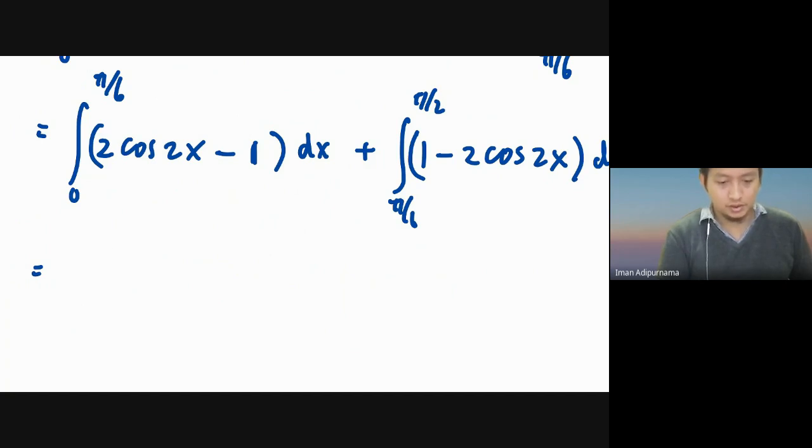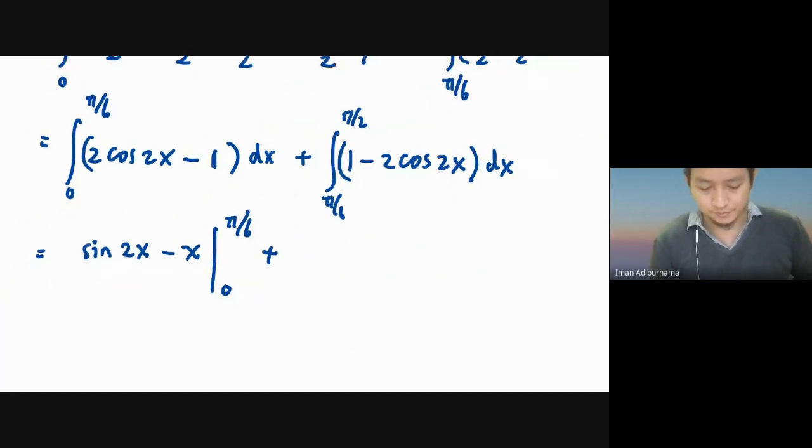So this will be sine 2x minus x from 0 to pi over 6 plus, okay, plus x minus sine 2x.